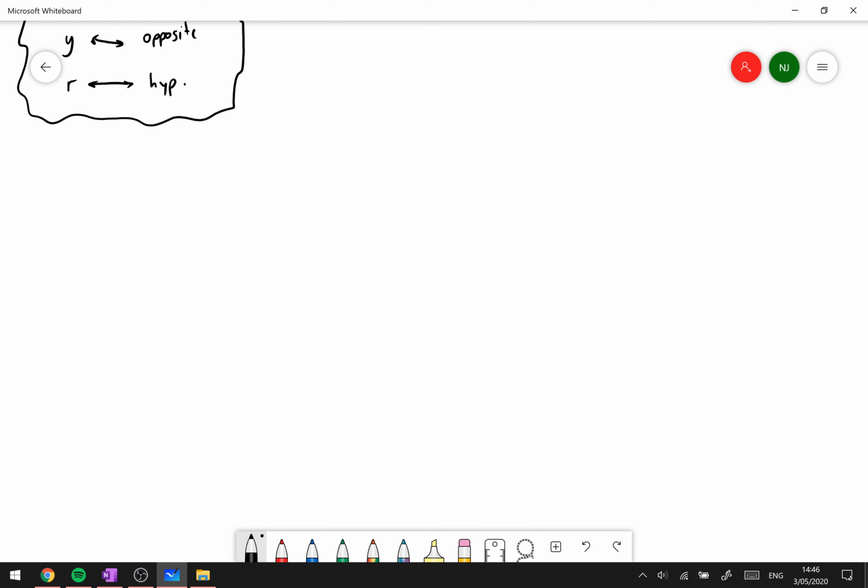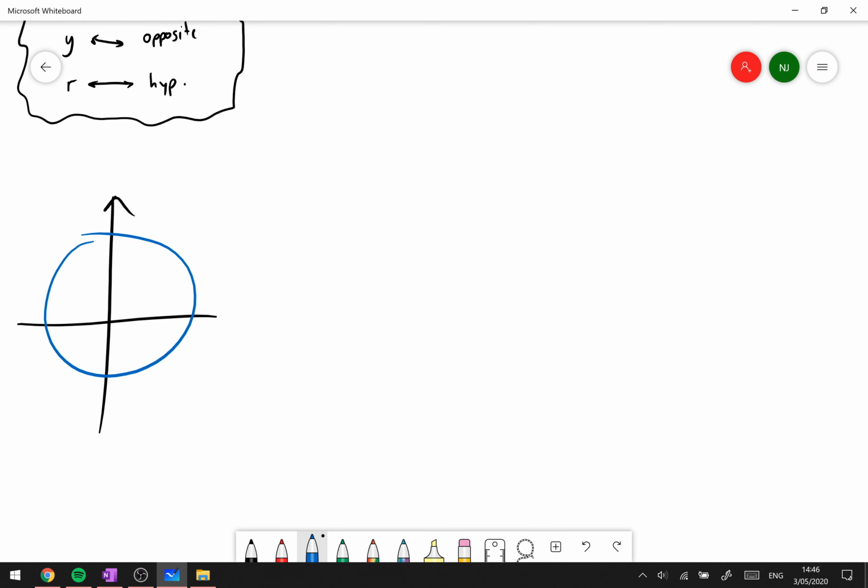Okay, so what we're going to do is draw up a new one, just over here. So we've got radius r, minus r, and minus r, because that's how big our circle is.